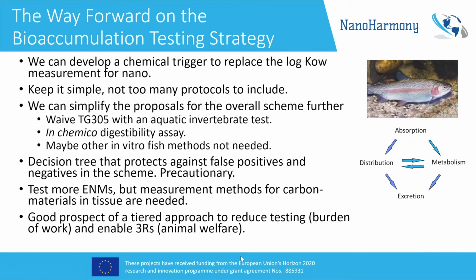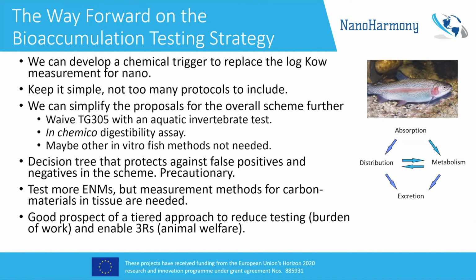Okay, so just to wrap up, where do we go from here? Well, the way forward is fairly straightforward for us. We think we can develop a chemical trigger to replace log Kow for nano, but we're mindful of trying to keep it simple and not having too many protocols to arrive at that measurement or measurements.